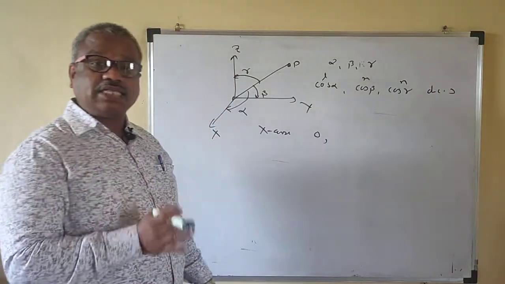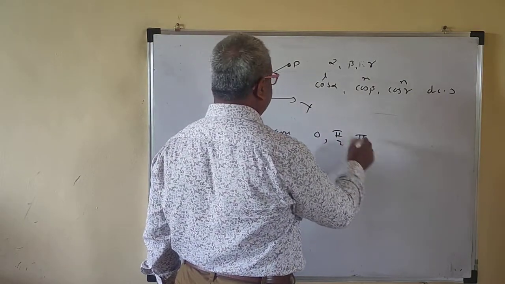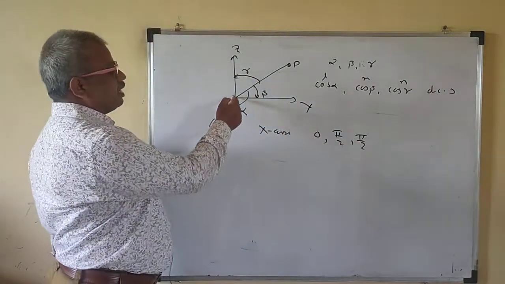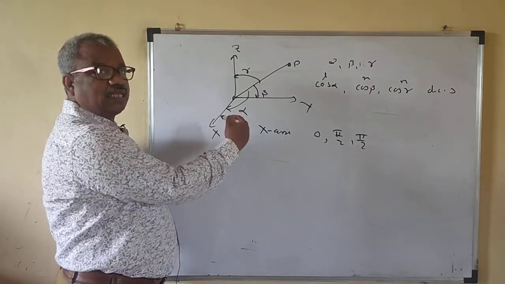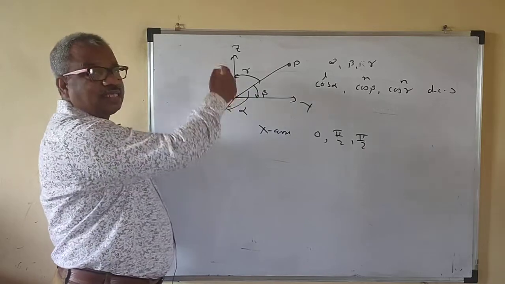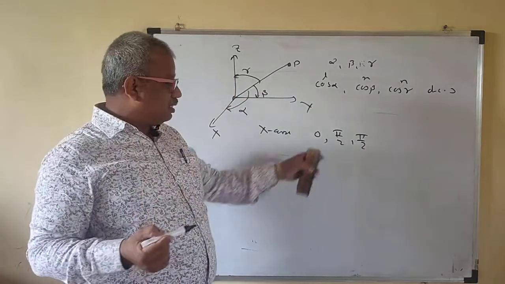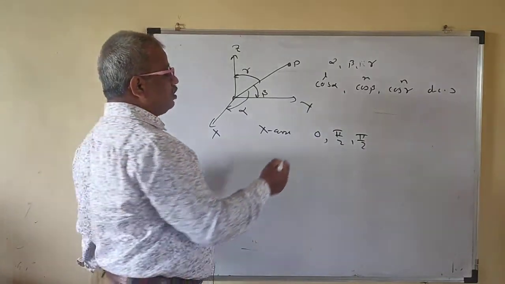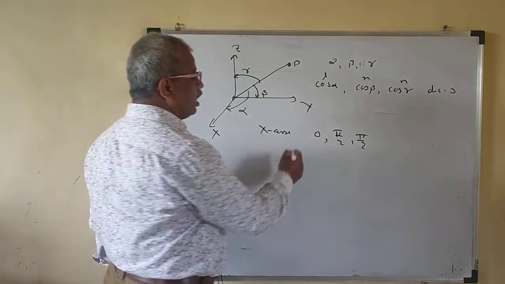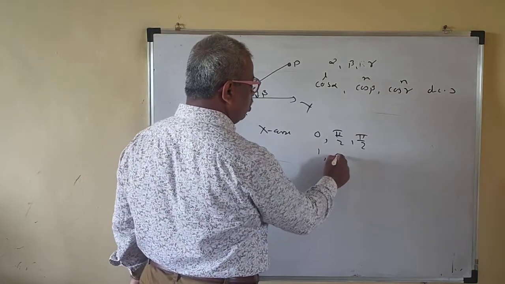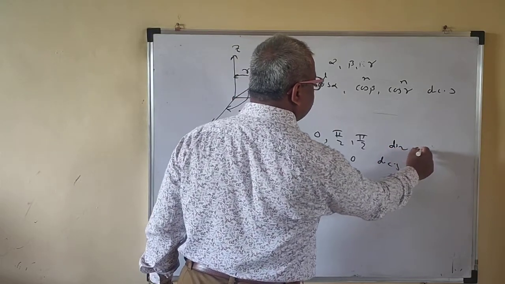The angle made with the y axis is pi by 2, and with the z axis it is also 90 degrees. So the directed angles are 0, pi by 2, pi by 2, and the cosines of these are 1, 0, 0. These are the DCS.